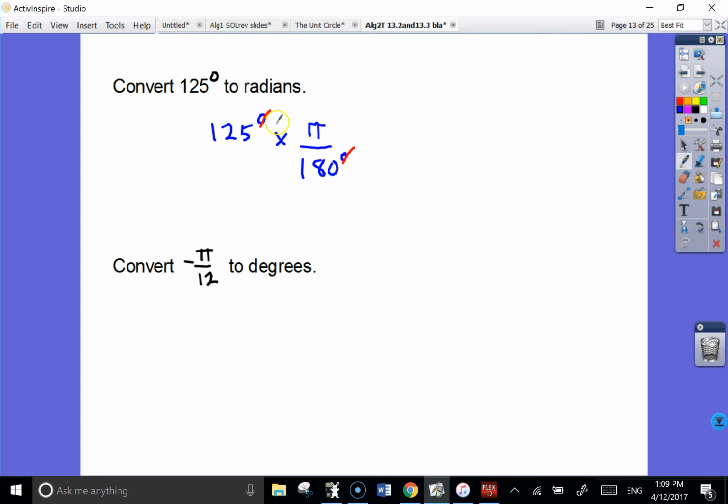Okay, now, usually the way you do these kinds of problems is like this. You're going to say 125 divided by 180 times pi. Leave pi like it is. And then simplify the fraction, right? How can you simplify 125 over 180?